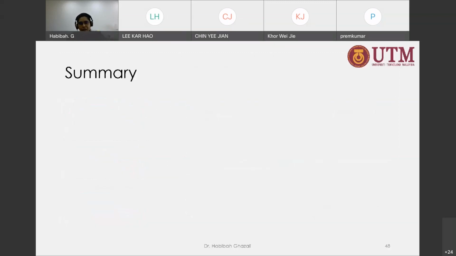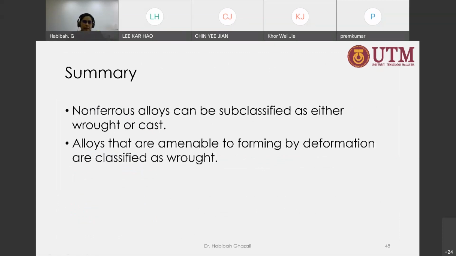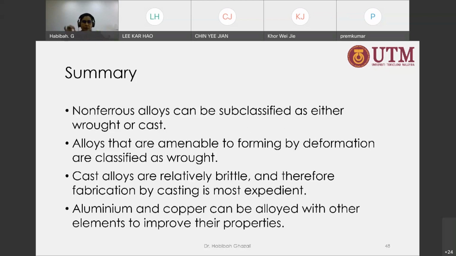All right, so that's it for today. In summary, we have learned about non-ferrous metal and how they can be classified as either wrought or cast alloy. The alloys that are amenable to forming by deformation, we call wrought alloy, and the one that is brittle, because the amount of alloying element is much higher, can only be fabricated by casting process, so we classify them as cast alloy.